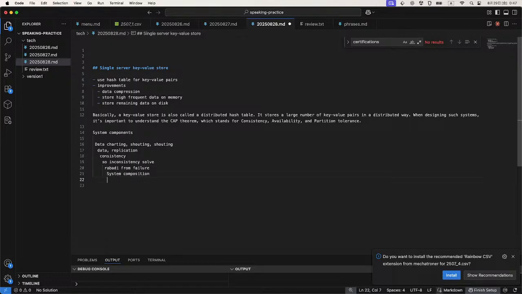System composition: write path, read path.